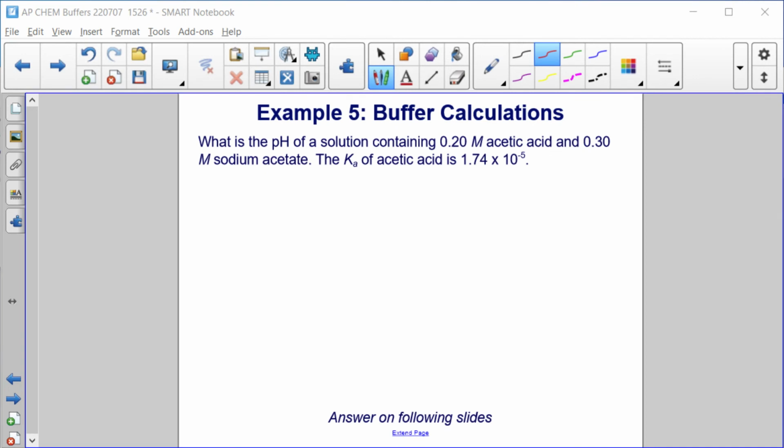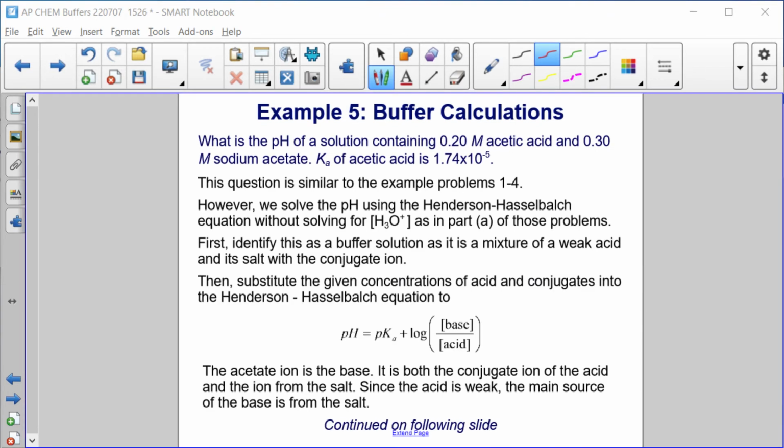All right, here's example 5 for buffer calculations. What is the pH of a solution containing 0.2 molar acetic acid and 0.3 molar sodium acetate if the Ka of the acetic acid is 1.74 times 10 to the minus 5? All right, this question is actually really similar to everything we did in example problems 1 through 4, where we had either a weak acid or a weak base, and we added a salt that contained a common ion.